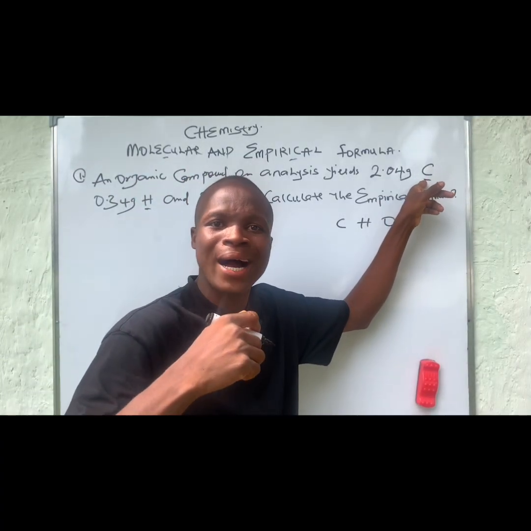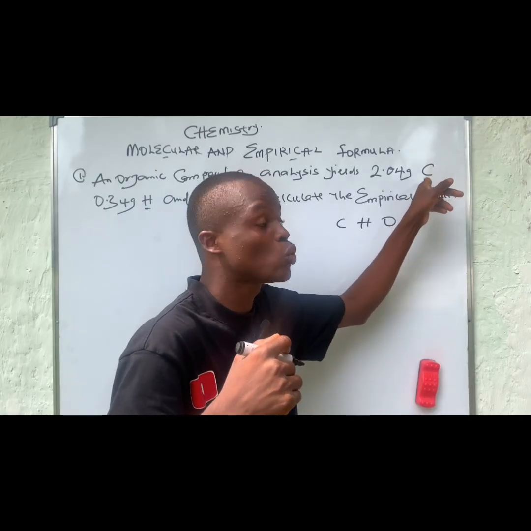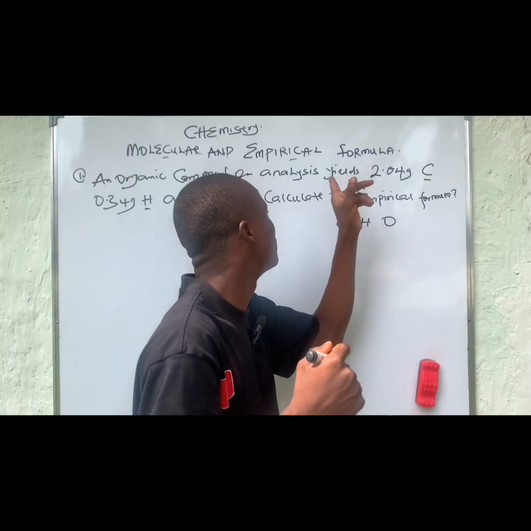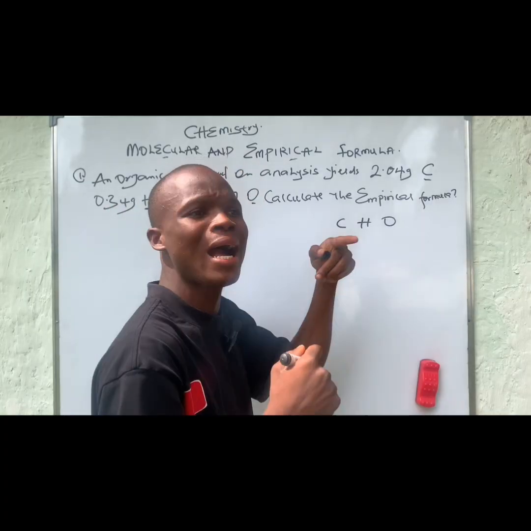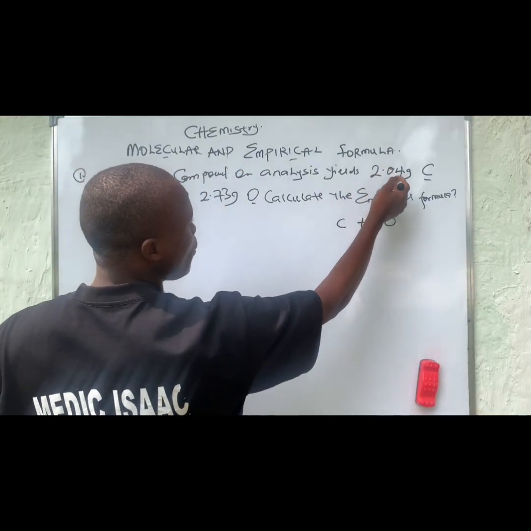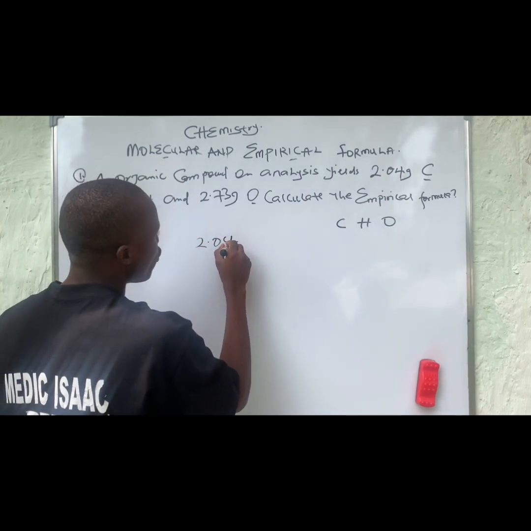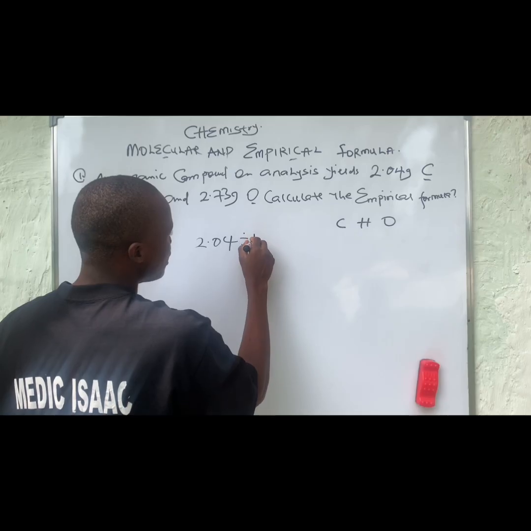The atomic number is 6. Yeah, 6 times 2 will give you 12. That is the atomic mass of carbon. For hydrogen and oxygen, we are going there. So the first thing is that for carbon, 2.04, divide by 12.